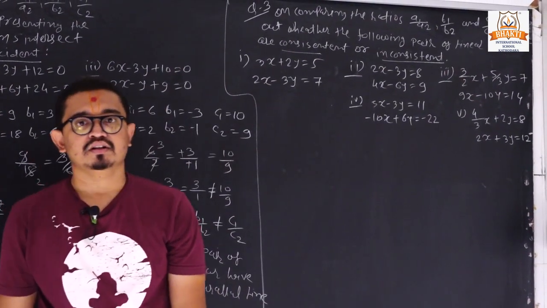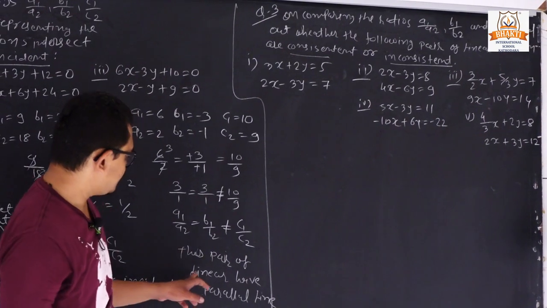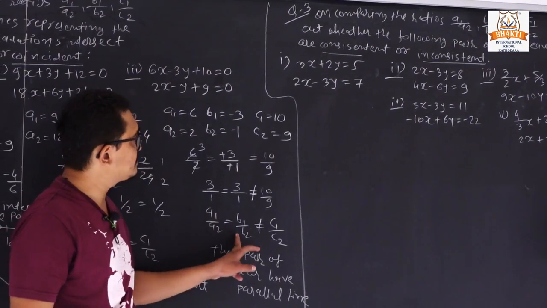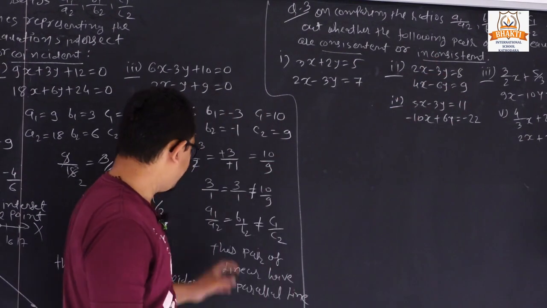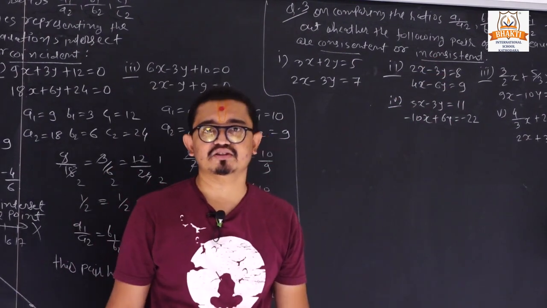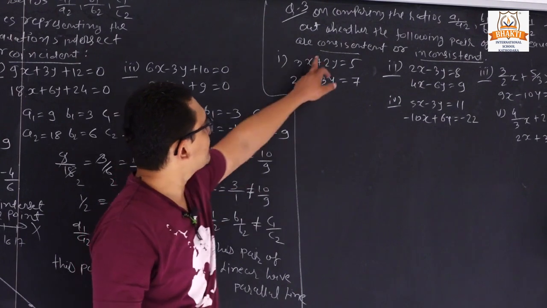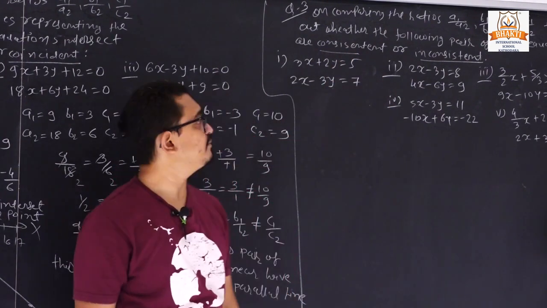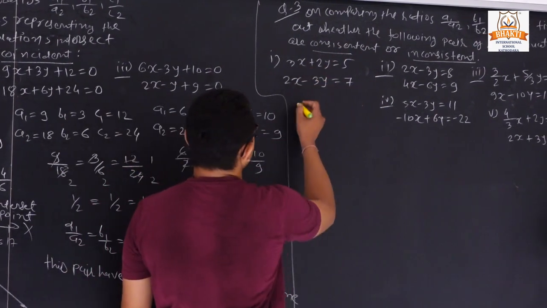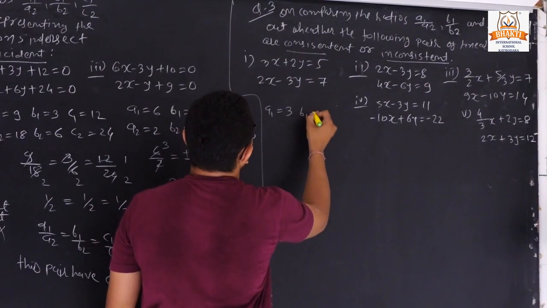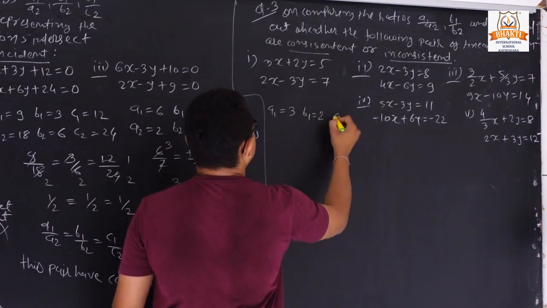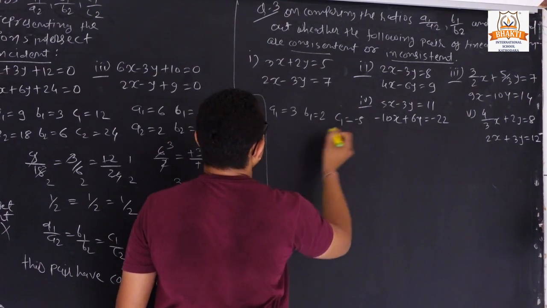Clear? So if this condition is satisfied, at that time we can say it is inconsistent. And if the first and second conditions hold, it means it is coincident. Clear? So first of all, once again we compare. For the first, A1 is equal to 3, B1 is 2, and this 5 is going to the second side, so it is minus 5.